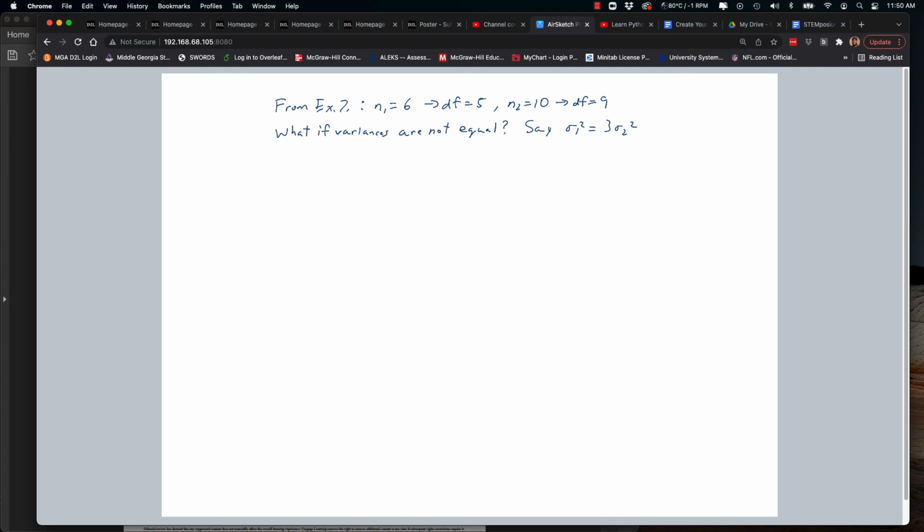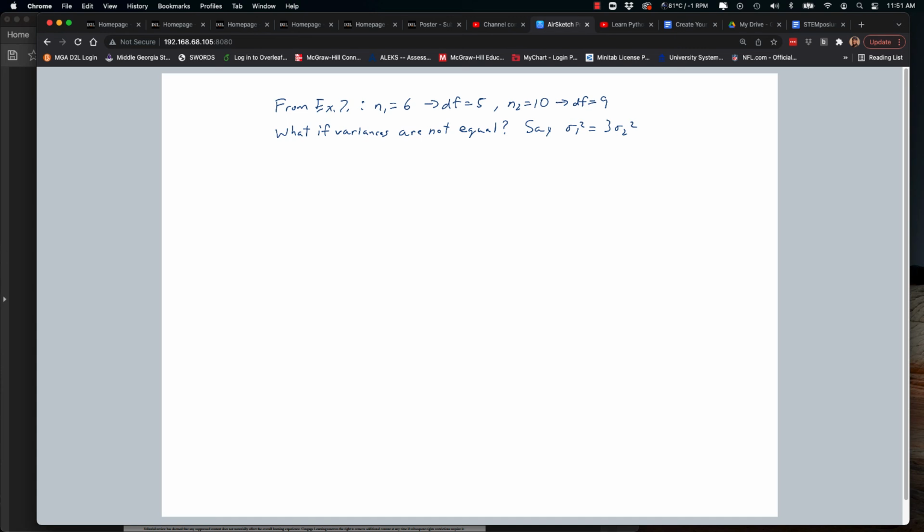From example 7, we knew that N sub 1 was 6, N sub 2 was 10. So the degrees of freedom are 5 and 9 accordingly. All right. But what if the variances aren't equal? Say the population variance, sigma sub 1 squared, was equal to 3 times sigma sub 2 squared.